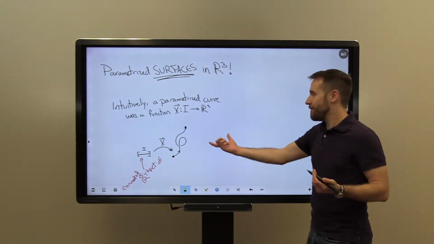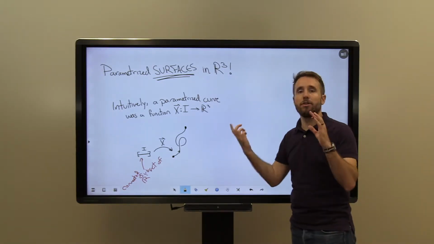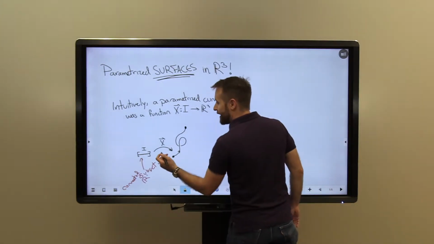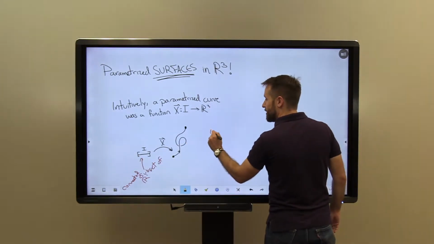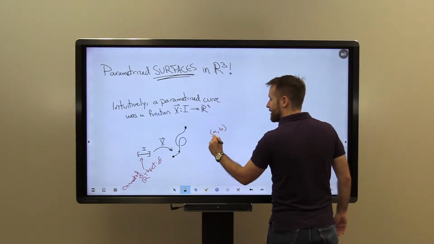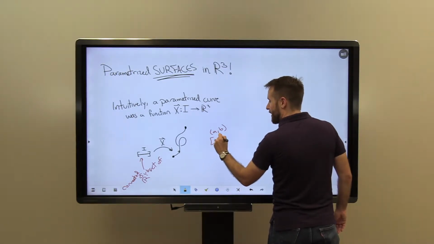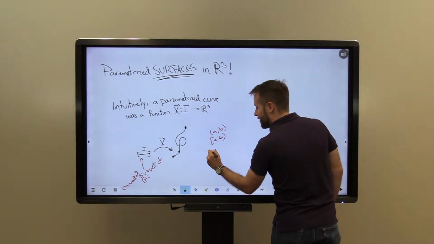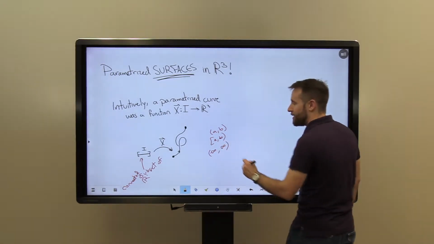That means that even though I've typically drawn it as a closed interval with endpoints, I could also consider other intervals, things that go from A to B, or a half open interval, A to B. You could also have a parametrized curve that's defined all the way from negative infinity to infinity.